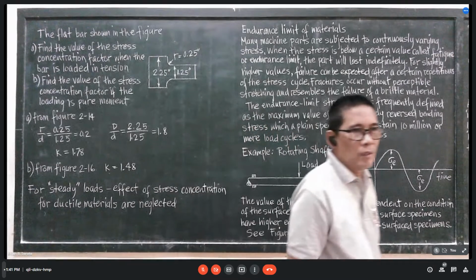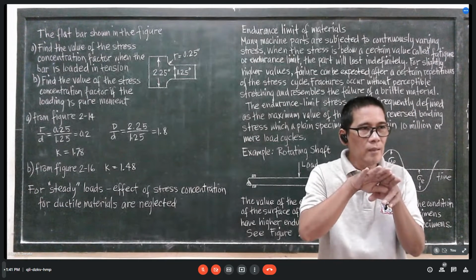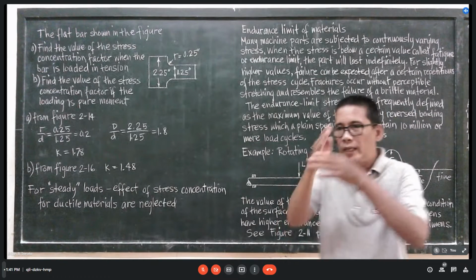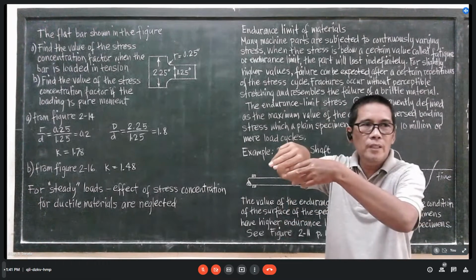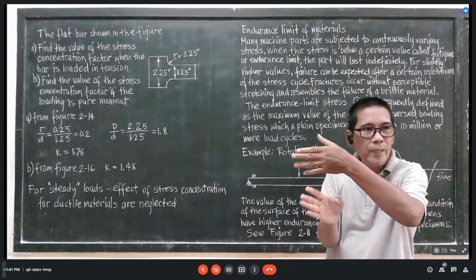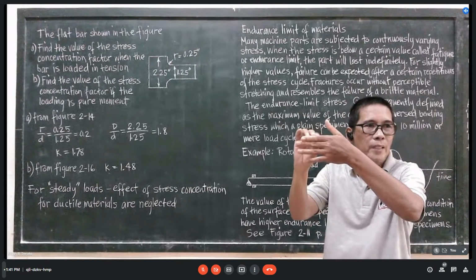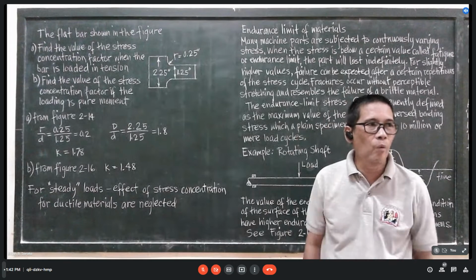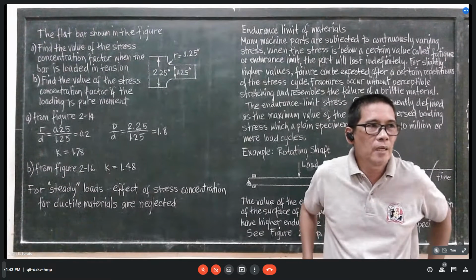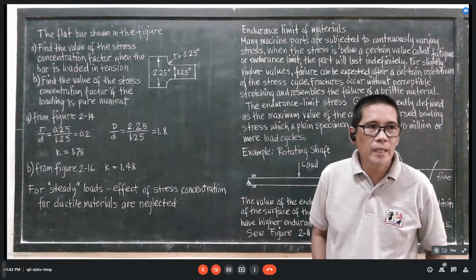Those lines that are close together, they concentrate. But if you move towards the center, they will be spaced equally. So the stress concentration is only near the surface where the abrupt change is, as indicated by letter B.